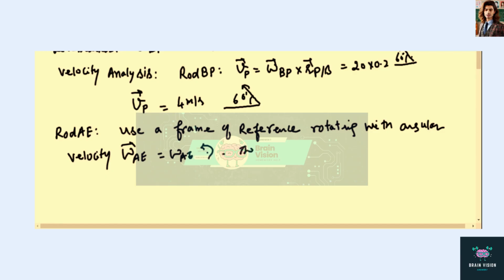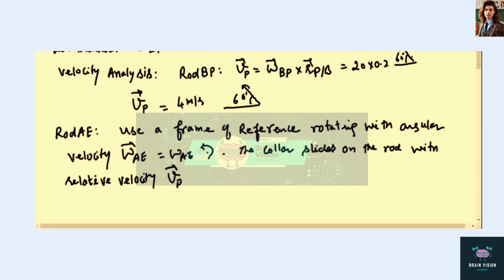The collar slides on the rod with relative velocity of P with respect to AE as U in upward direction.